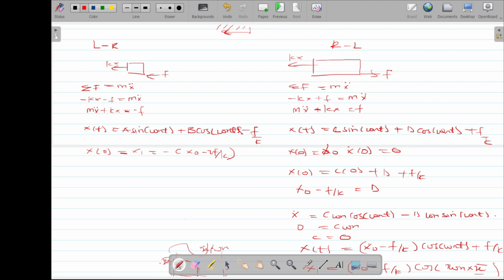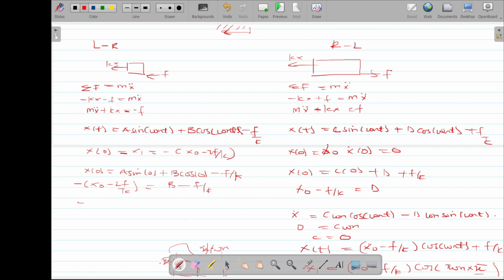So from here, x at time 0 will be equal to a sine 0 plus b cos 0 minus f on k, which is x naught minus 2f on k is equal to b minus f on k.